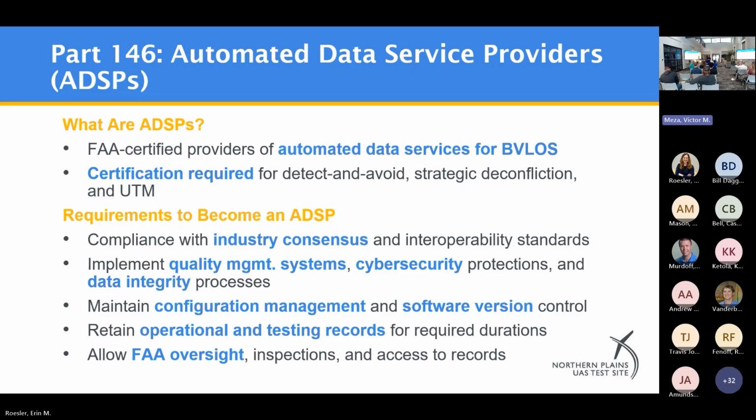About 2-ish years ago, the FAA started to gather some data on how they would certificate service providers by introducing a new program that was called the Near-Term Approval Process, NTAP. And so service providers were accepted into that program, completed the 4 phases, and then were issued a letter of authorization at the end.